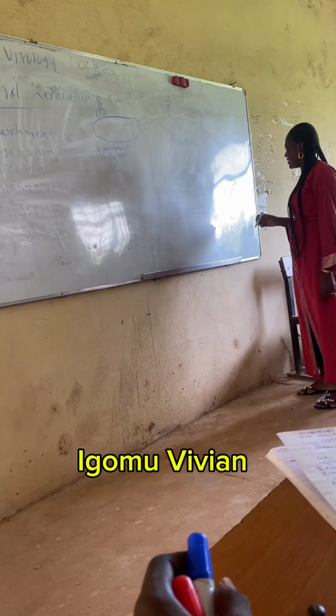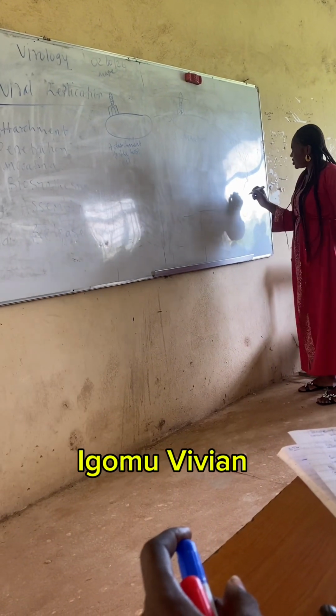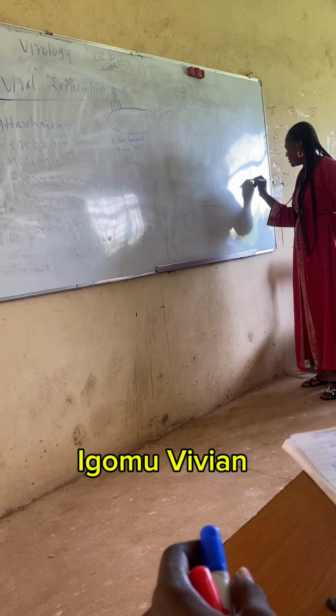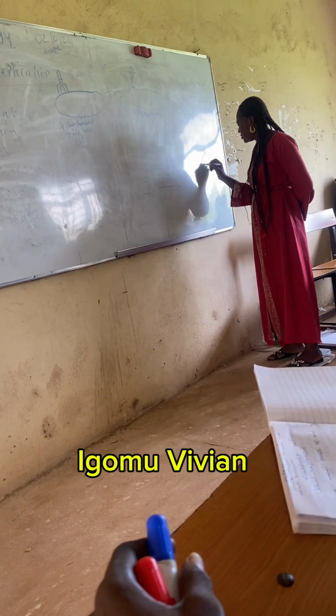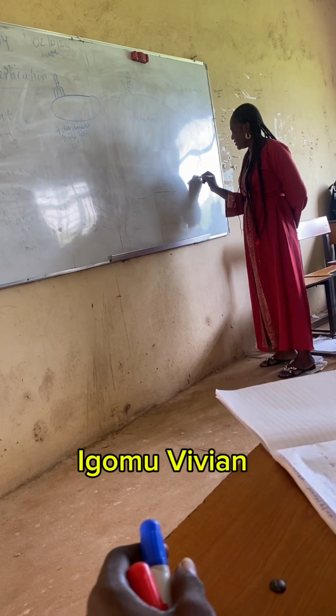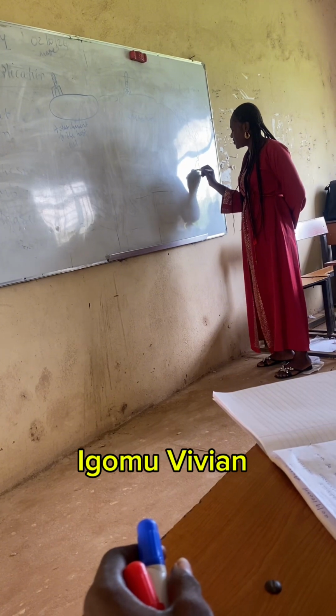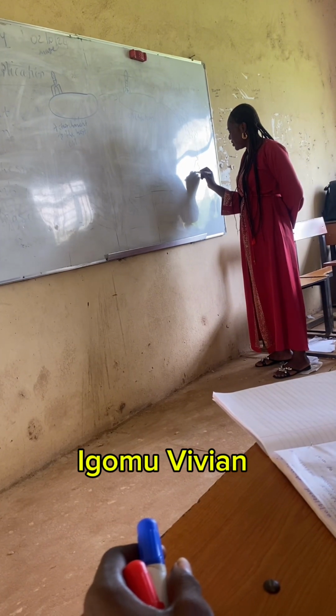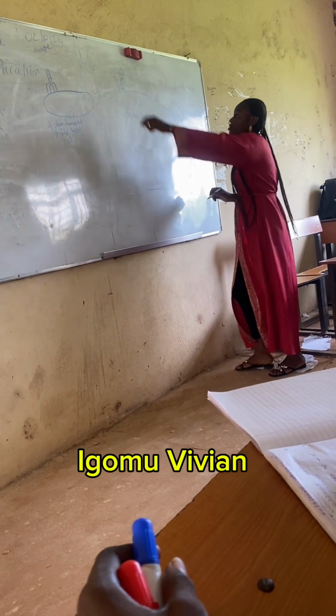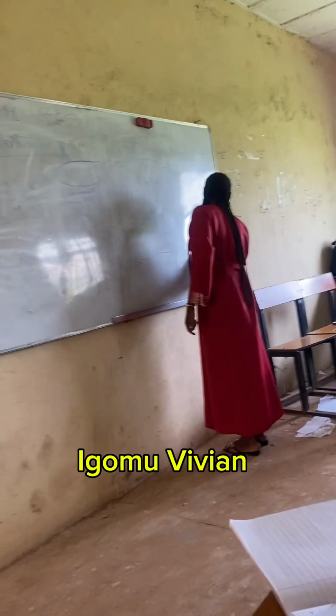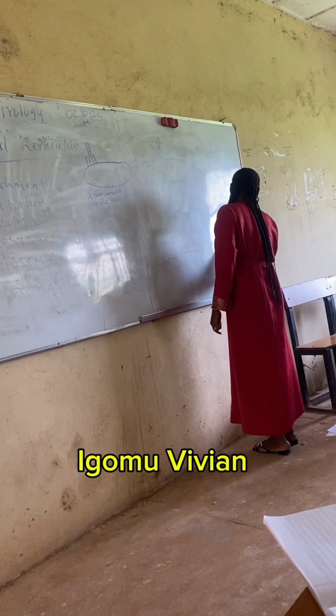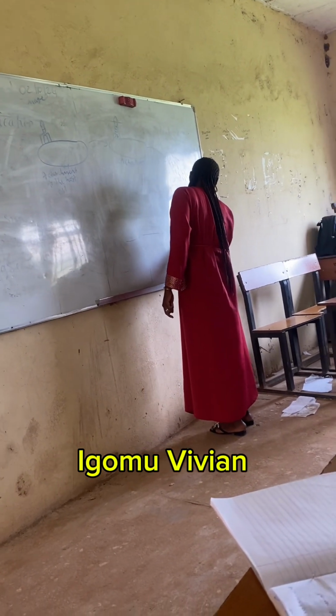Biosynthesis. That's immediately after this uncoating. You see these DNA structures here. You are going to see the legs of the virus. You see the head somewhere else. You see this part somewhere else.